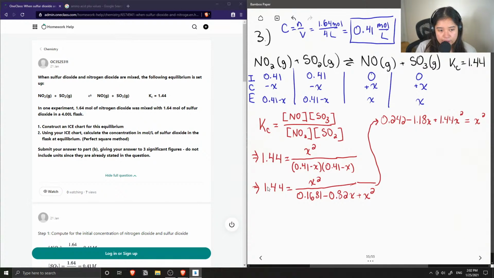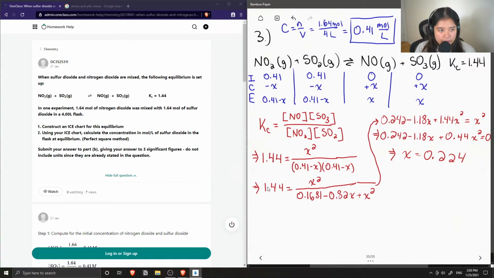And finally, we just need to bring our x squared over to the other side by subtracting it. And you get 0.44 x squared is equal to 0. So now if we solve for x using a quadratic equation calculator or a quadratic equation, you just end up getting 0.224 equal to x.